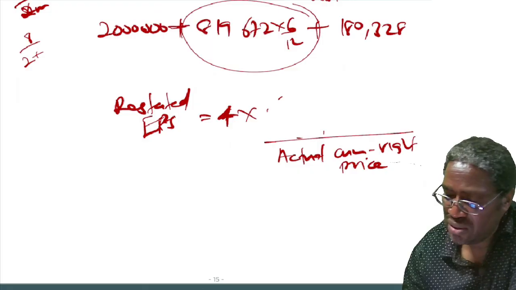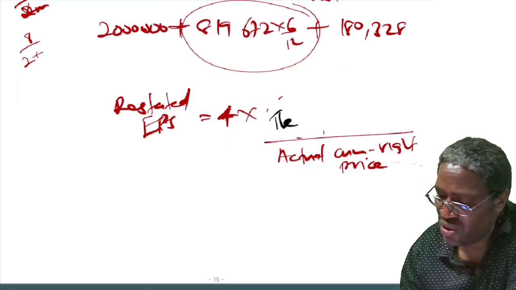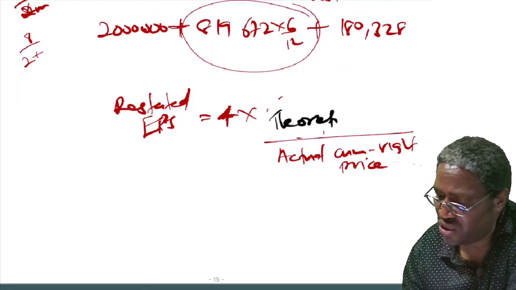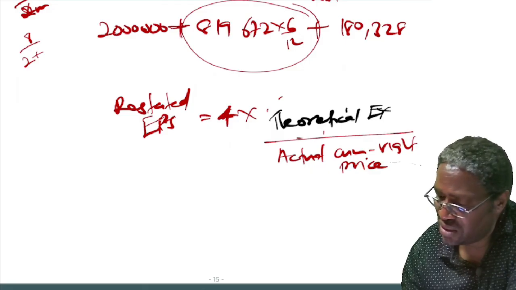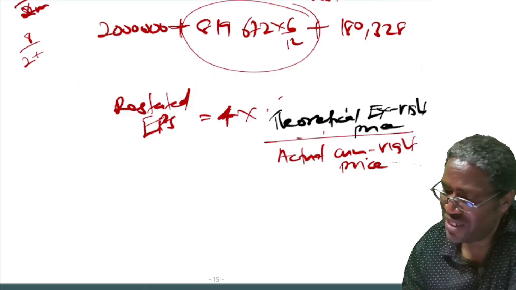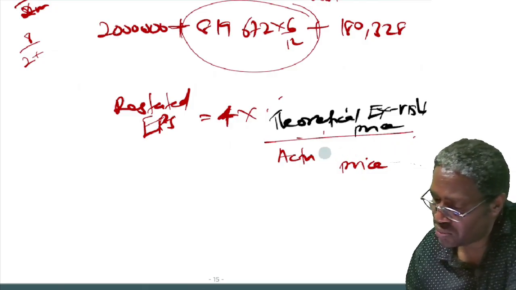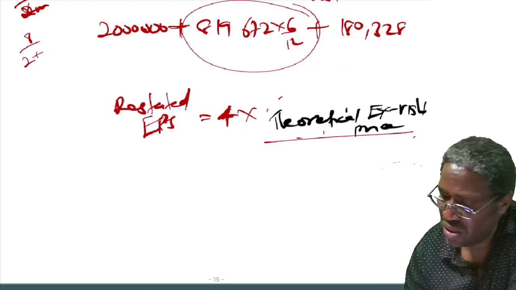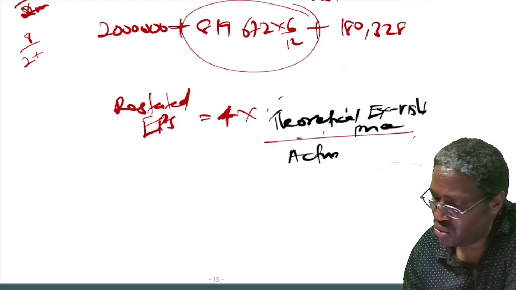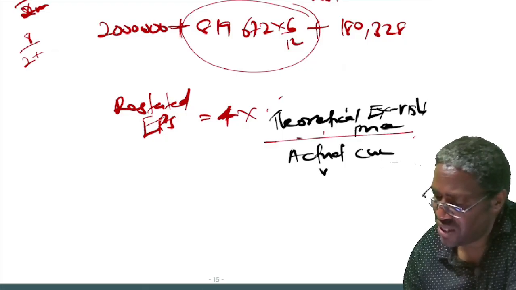You multiply that by the theoretical ex-rights price, and you divide that by the actual cum-rights price.